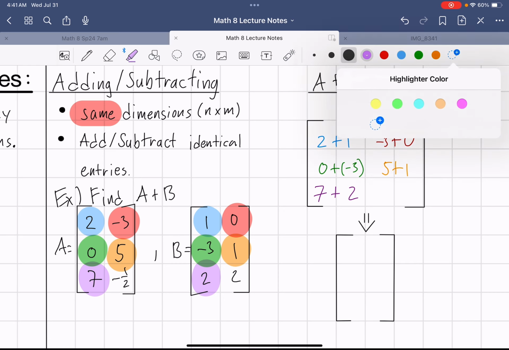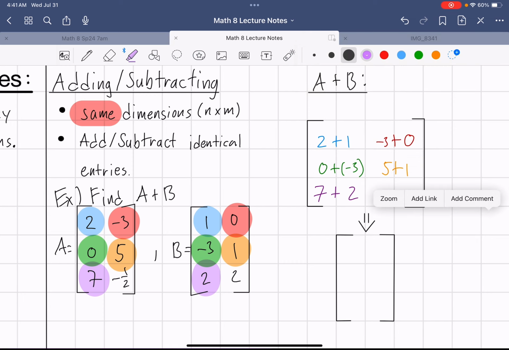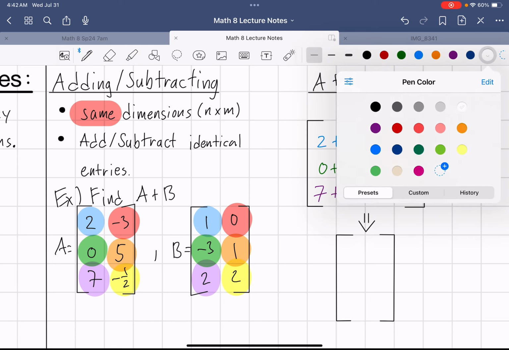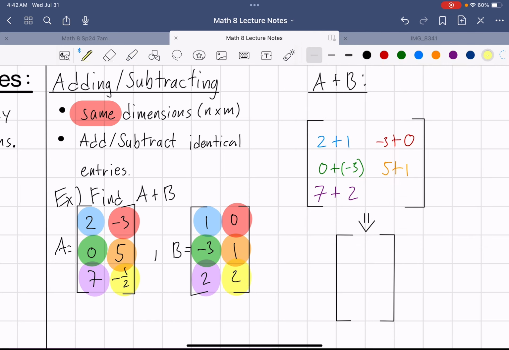Let's add some brown or yellow. We'll do yellow. It's going to be hard to see that color.